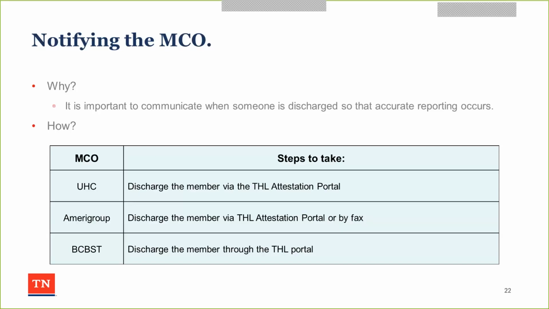And so please be mindful of that. Please be sure to communicate that to us. If there's any questions about that, again, through the chat function, you can drop it through there, or you can reach out to your specific MCO.